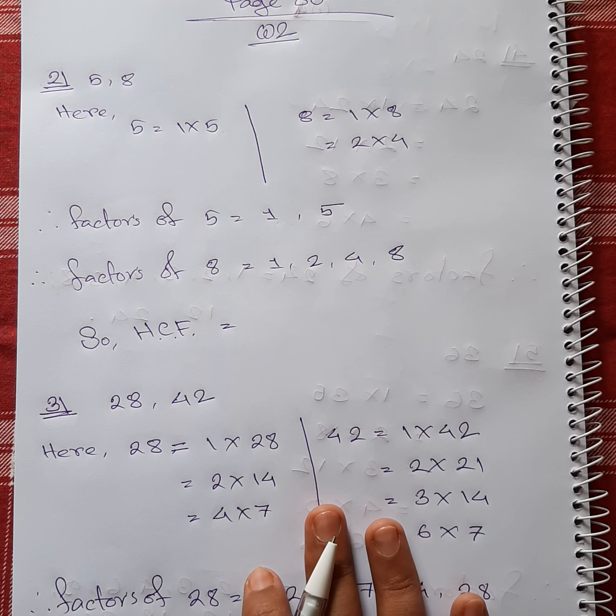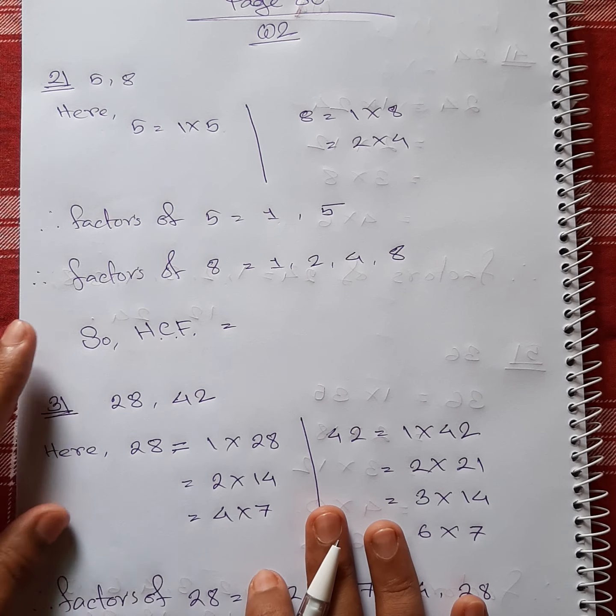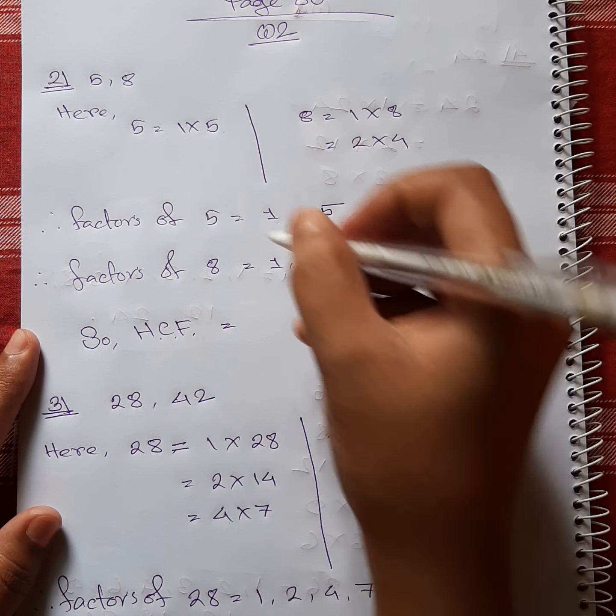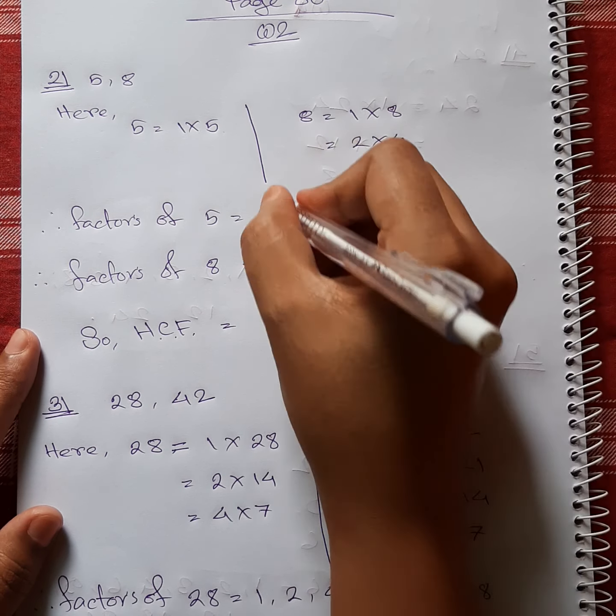Here they have said list all the common factors and tell the highest, the HCF. So list all the common factors. Here I can find only one common factor, and this is my common factor.